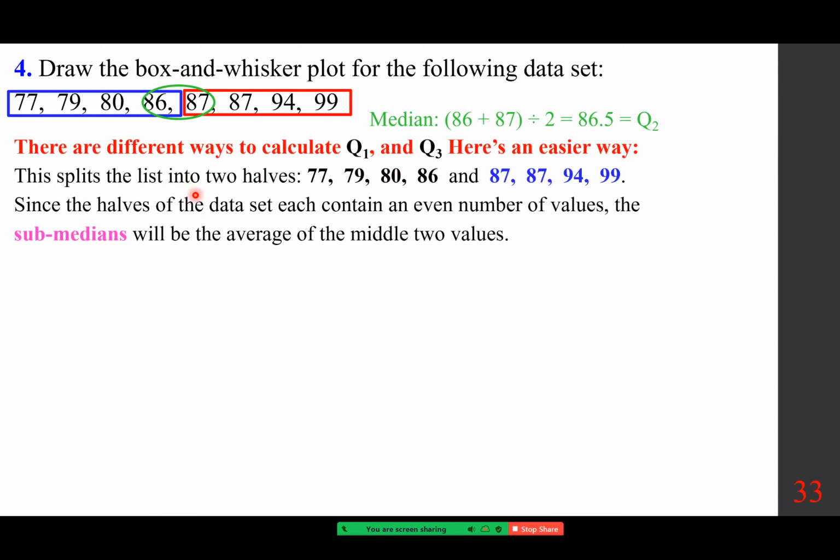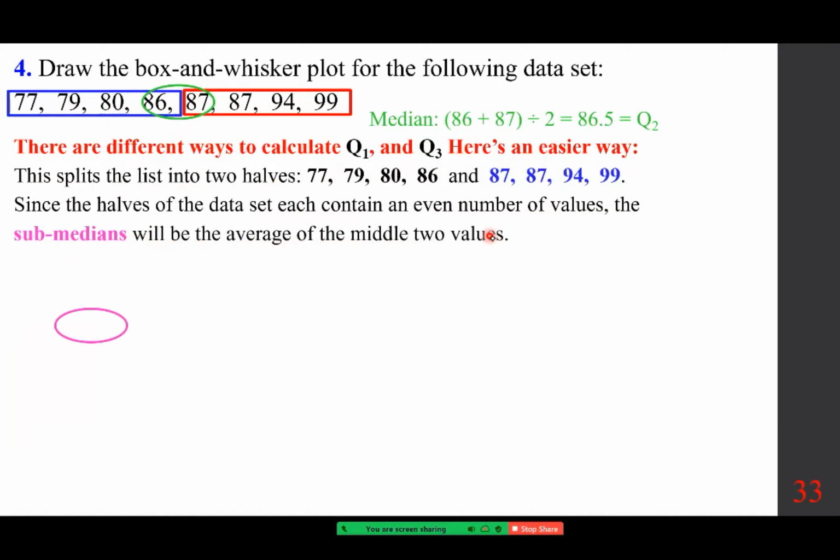This splits the list into 2 halves. If you look at the bottom half, we have those 4 numbers. And if you look at the top half, we have those 4 numbers. Since the halves of the data set each contain an even number of values, the submedian will be the average of the middle 2 values.